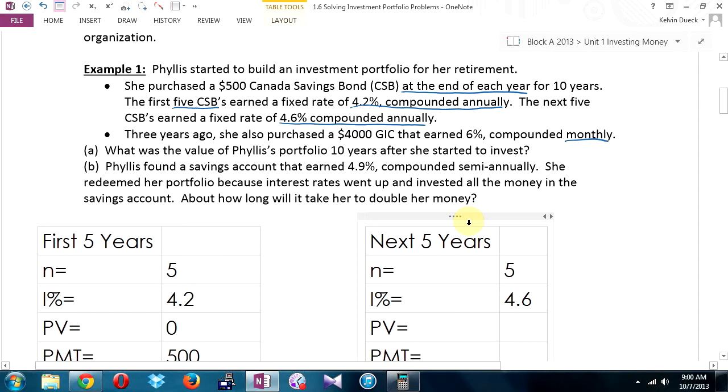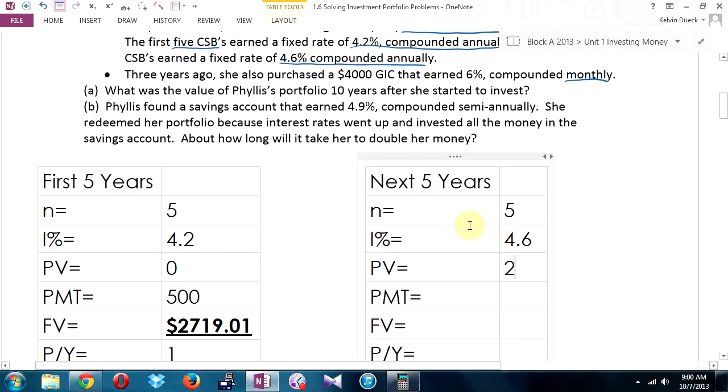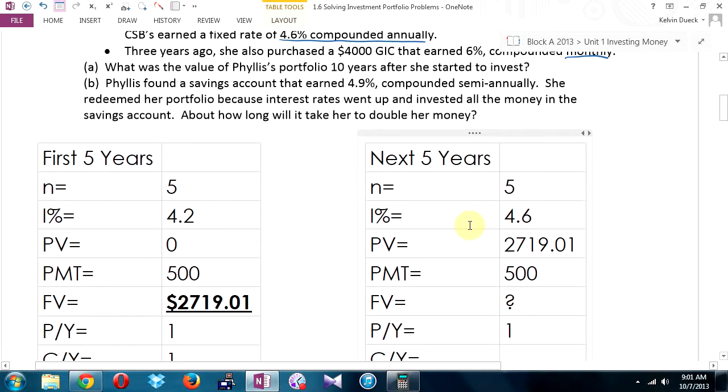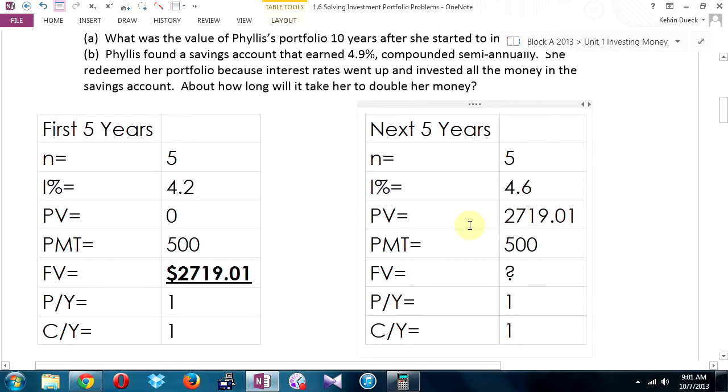Not 0. $2,719.01. Right? Payment, still $500. Final value, don't know. Still 1, still 1.